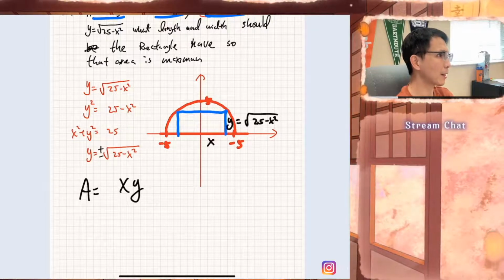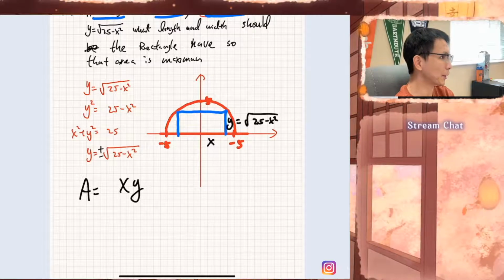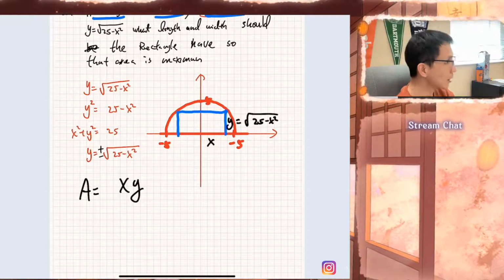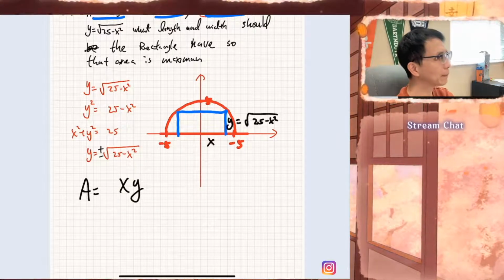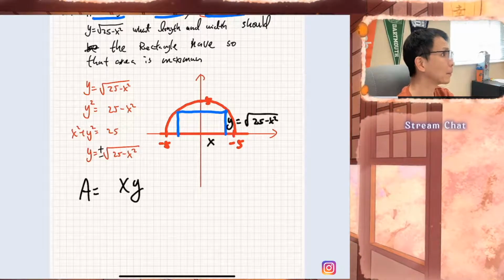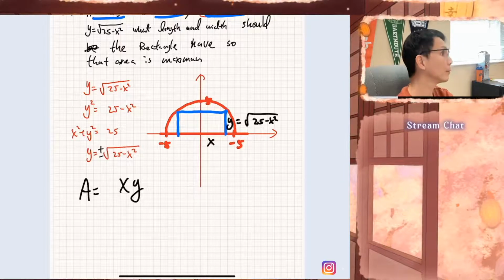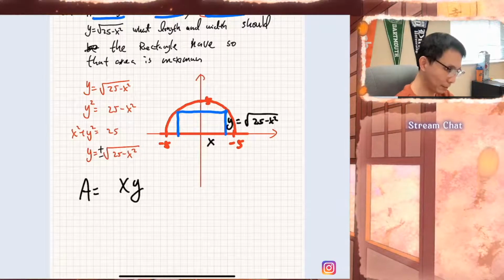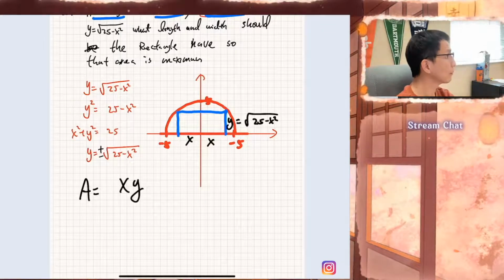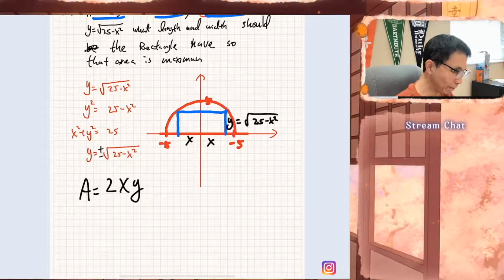Then it's going to minus that weird leftover shape. You don't want to do that. That's kind of messy. It's not xy though, but it's pretty close to xy. Oh, 2xy. Why do you say 2xy? Because there's two. Yep, there is 2.